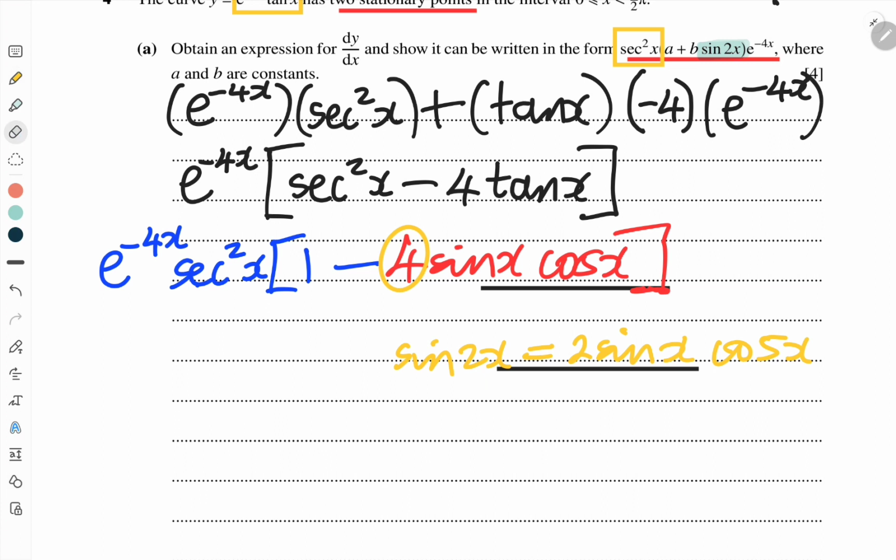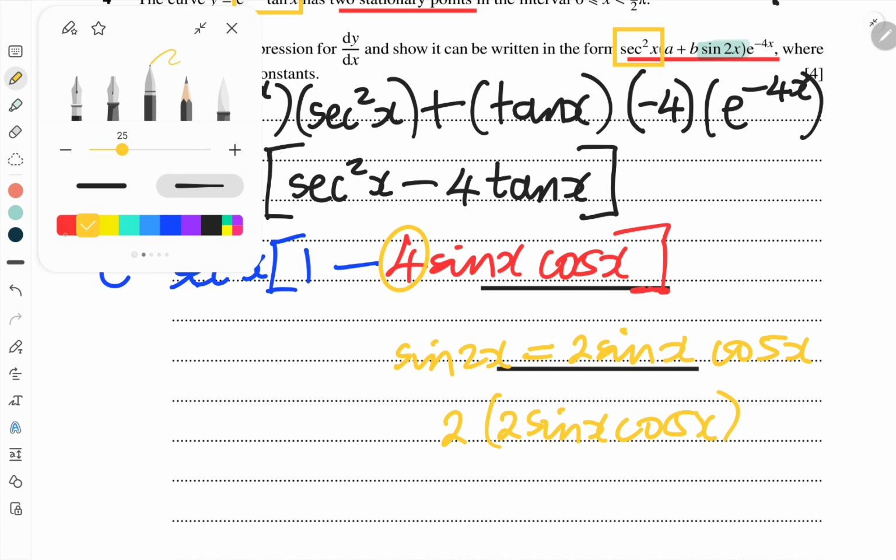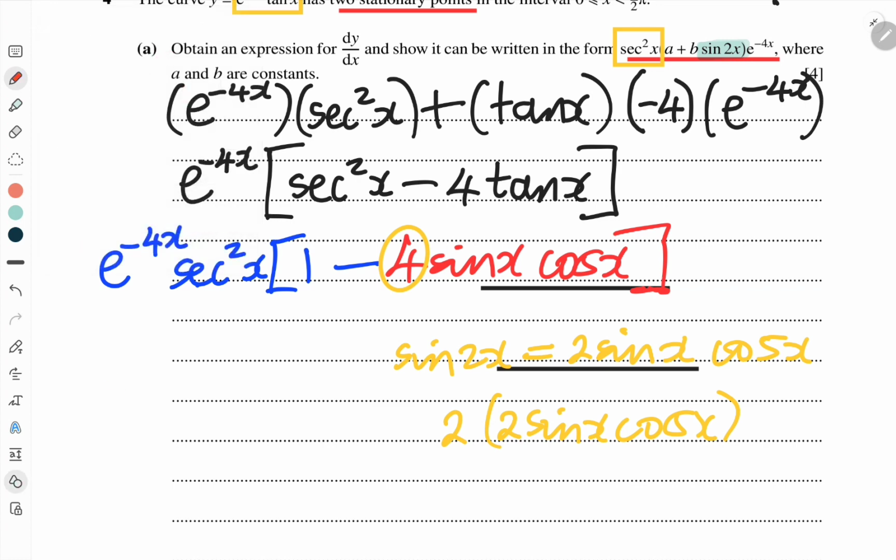So now, if you look at 4 sine x cos x, this could be rewritten as 2 multiplied by 2 sine x cos x, of which we know what 2 sine x cos x stands for. 2 sine x cos x stands for sine of what? 2x.